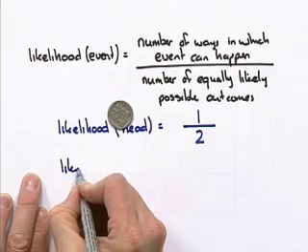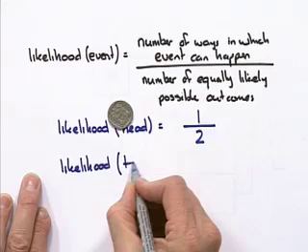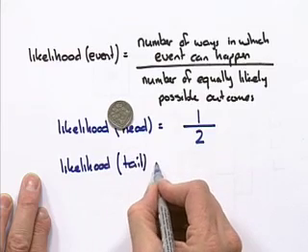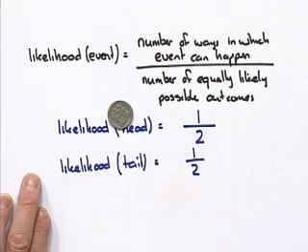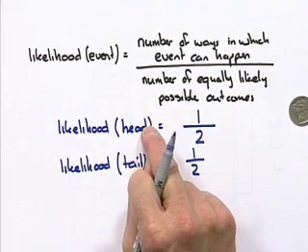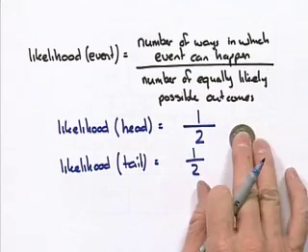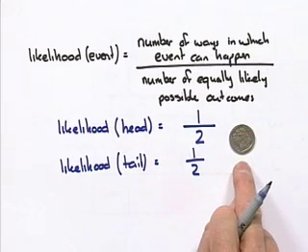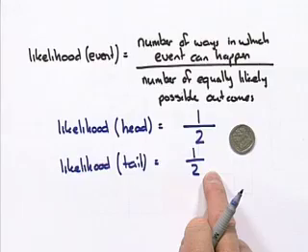Similarly, the likelihood or probability of getting a tail is also equal to 1:2, or a half. Now, from this, it follows that the likelihood of a head is equal to the likelihood of a tail. And so if we tossed a coin a very large number of times, we would expect to get as many heads as we get tails.